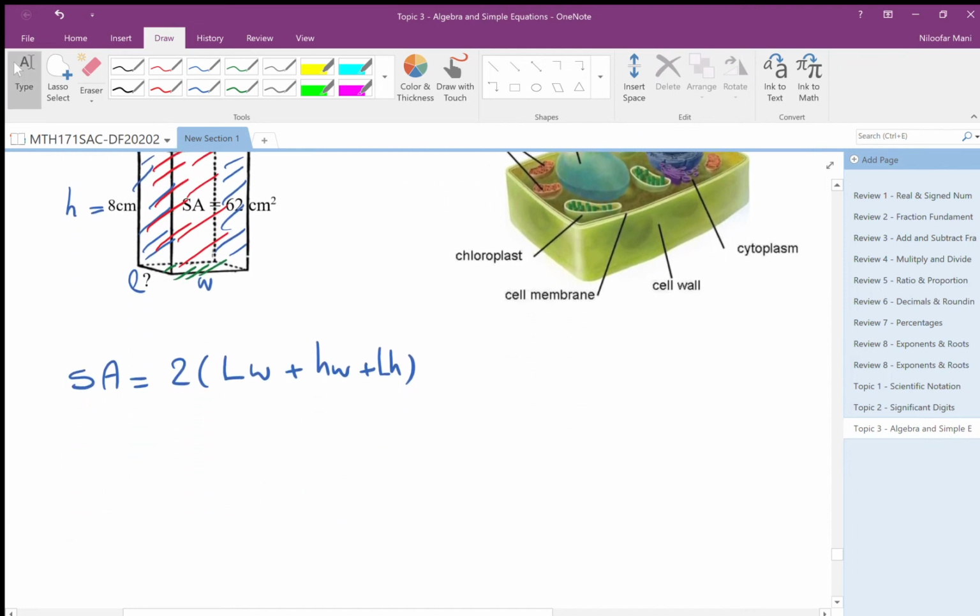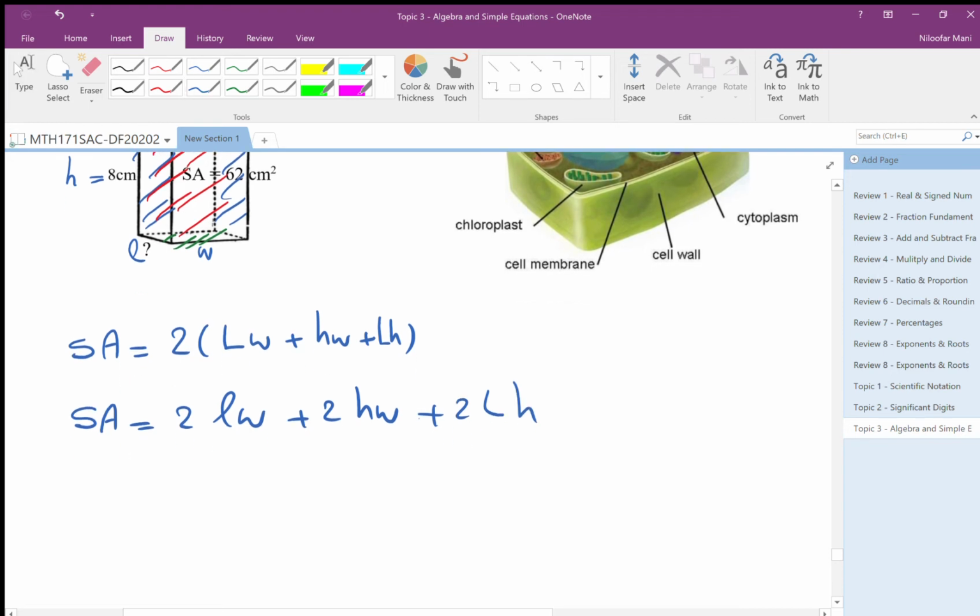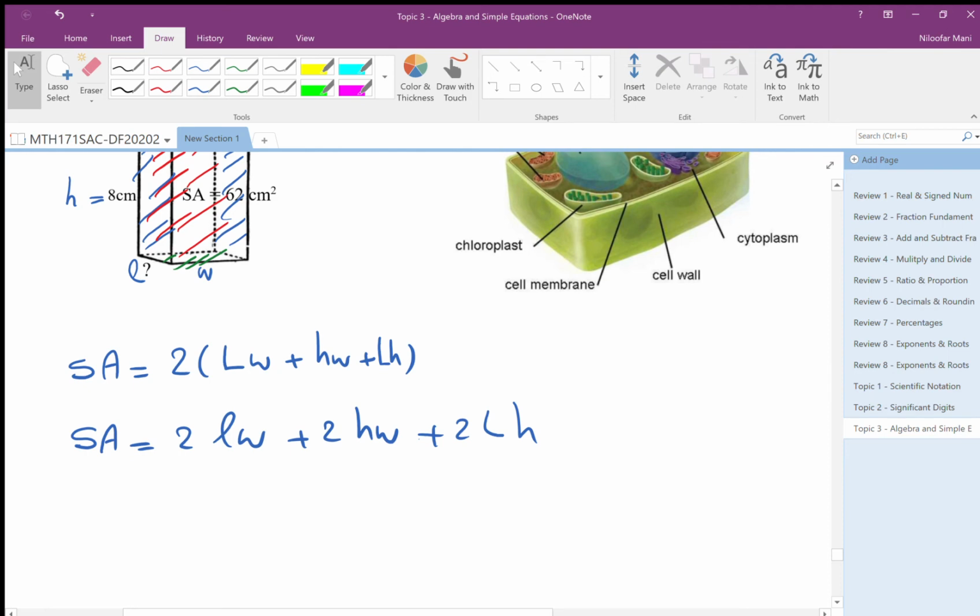Okay, so doesn't matter. Still L is inside the bracket. So I want to isolate it, so of course I have to bring it out somehow. So I have to distribute 2. So I have to do BEDMAS, which is the multiplication of 2 inside the bracket. So it is SA equal 2LW plus 2HW plus 2LH. Okay, and then I want to solve for L, so L goes one side.